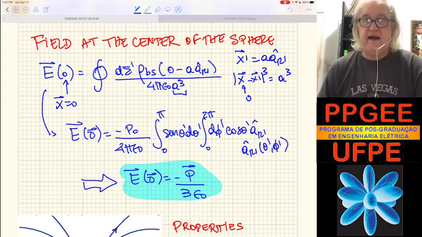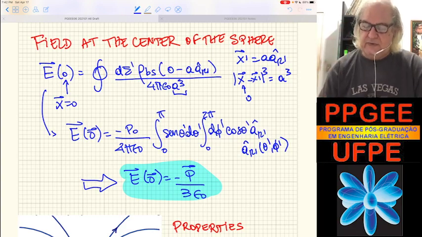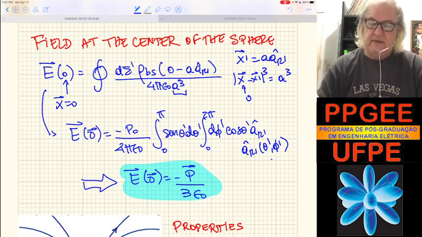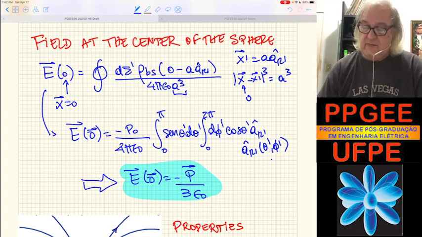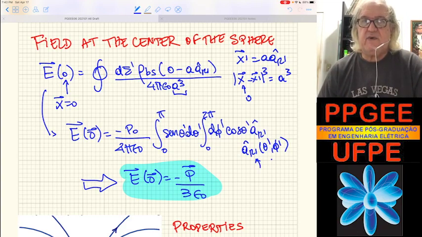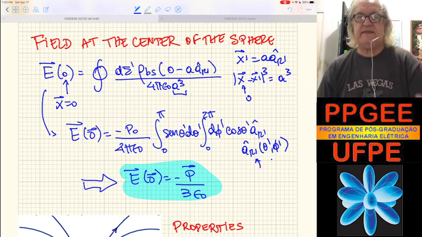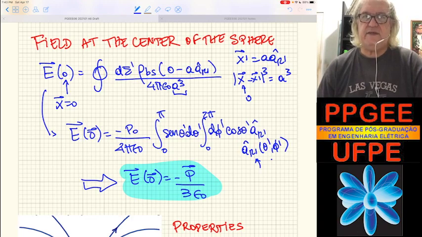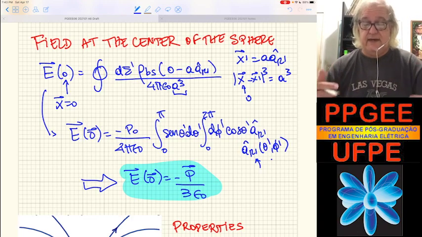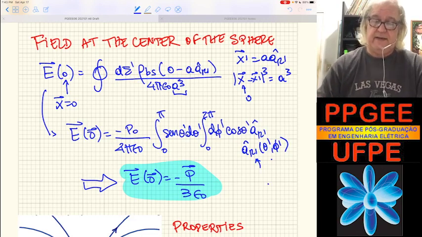So you have to be careful in calculating this. I'll leave this integral to you to calculate. To do that, you have to decompose in rectangular coordinates. So we make explicit representation of a_r prime in terms of the angular variables, so you can integrate, right? So the result you get is this one here.